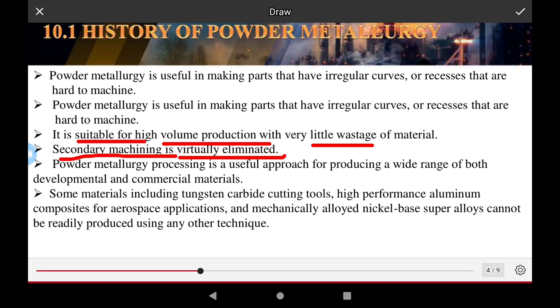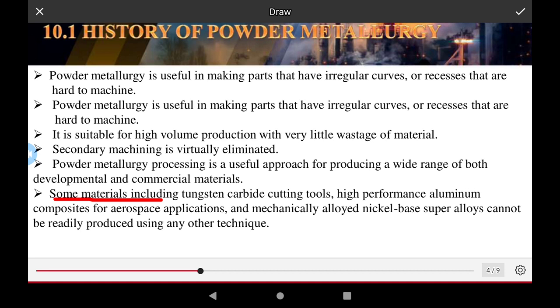Powder metallurgy processing is useful. The approaches for producing a wide range of both developmental and commercial materials cover a range of products and applications.